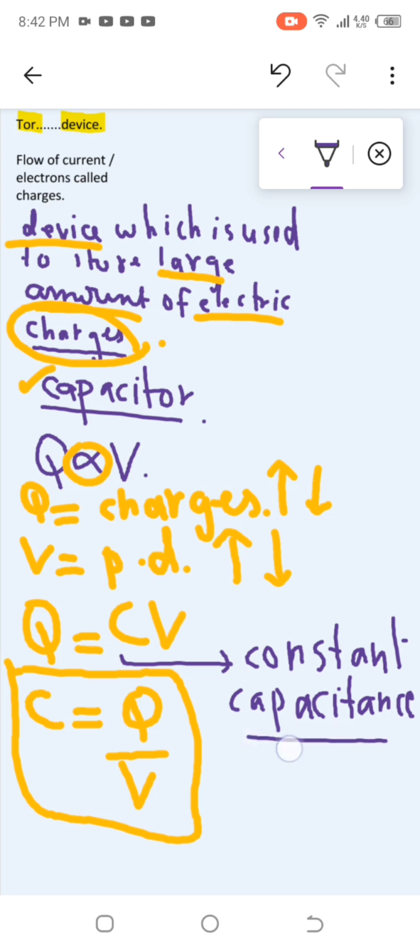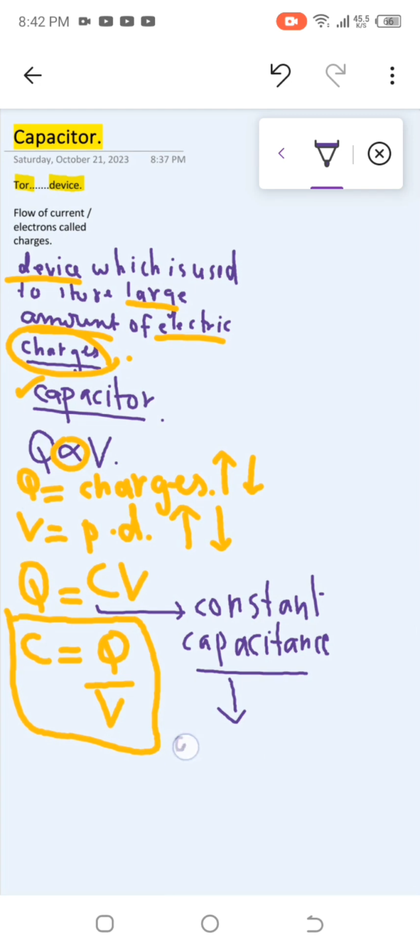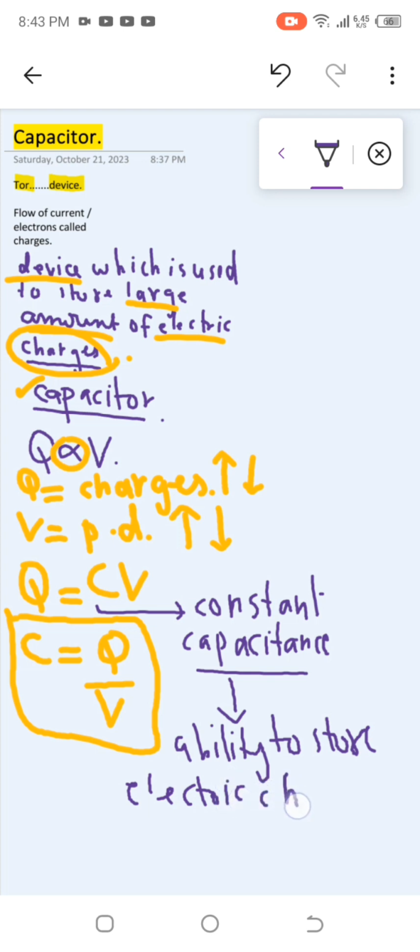Capacitance is the ability to store charges in a capacitor. It is a kind of strength that stores electric charges. Let me write here: the ability to store electric charges in a capacitor.